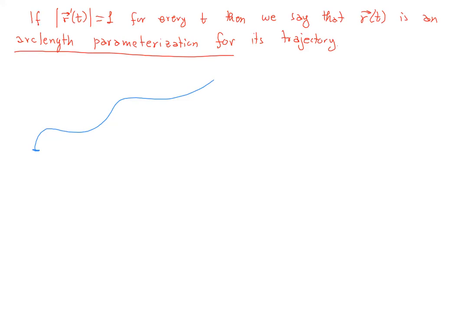Let's agree that at least you can find one parameterization. So let's call this parameterization r1 of t, a parameterization for the curve.